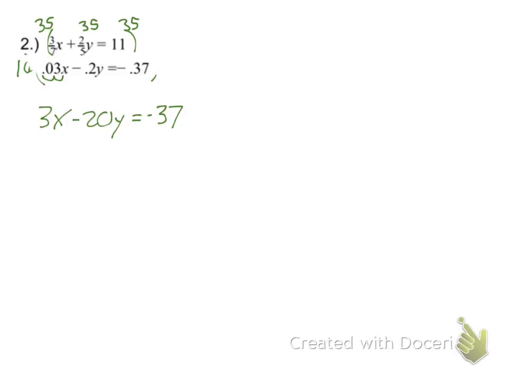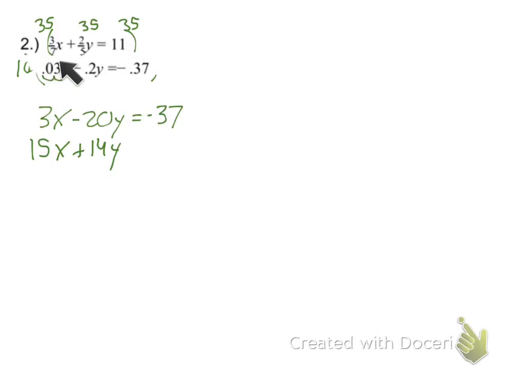What's 35 divided by 7? It's 5, and 5 times 3 is 15x. 35 divided by 5 times 2? 14. It's 14y. And 35 times 11, the last one here.